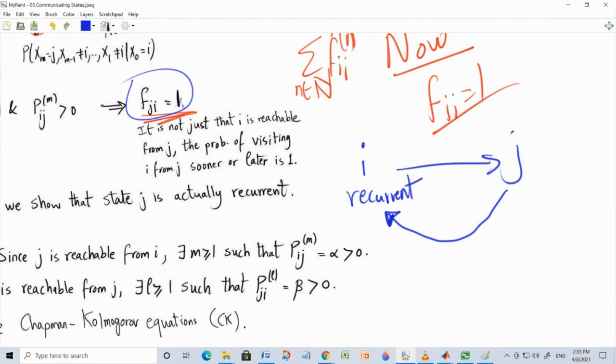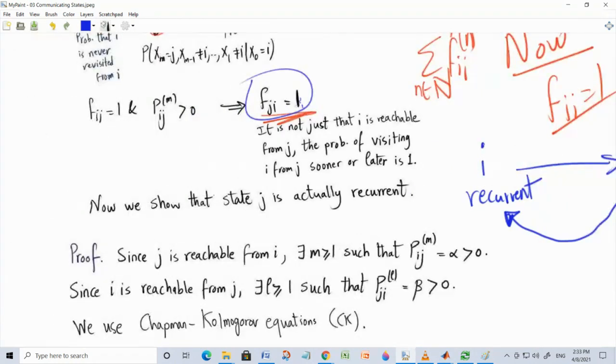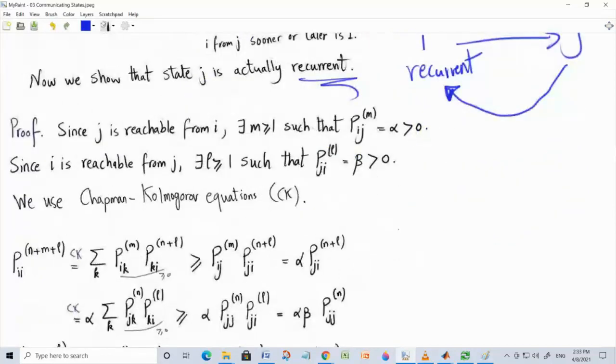But actually, there is more to say. State J is recurrent. That's another conclusion. It's guaranteed to be a recurrent and not a transient state. How can we prove something like this?